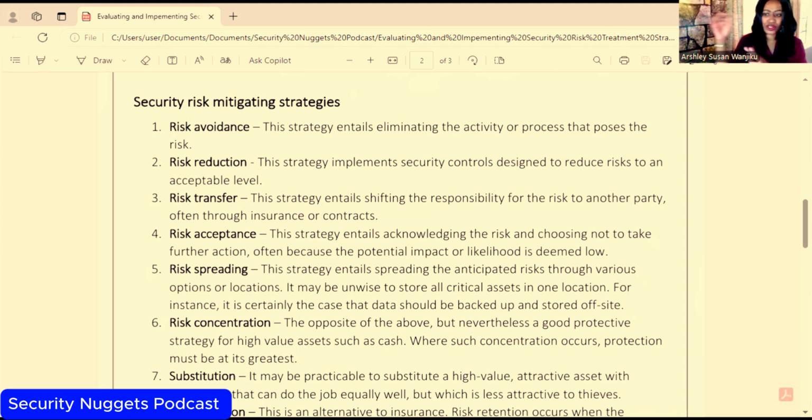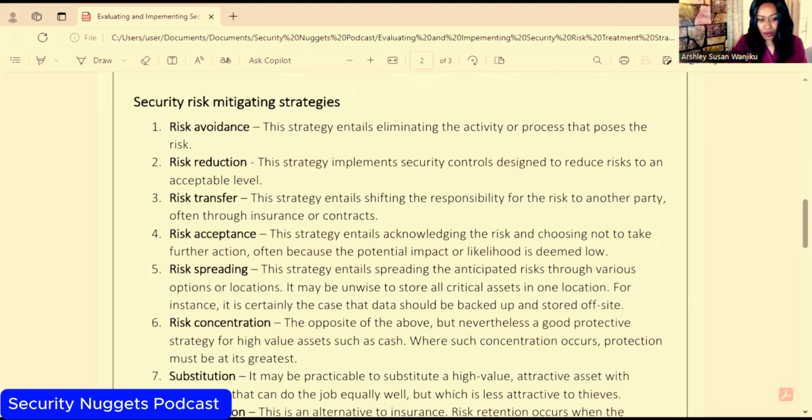Okay, so if something was to happen to either warehouse, then you don't lose everything as an organization. That was just one example, okay? So that's another way of risk spreading. You're not just putting those critical assets that are attractive in one area, you're spreading them. So by spreading them, you're spreading the risks, okay?